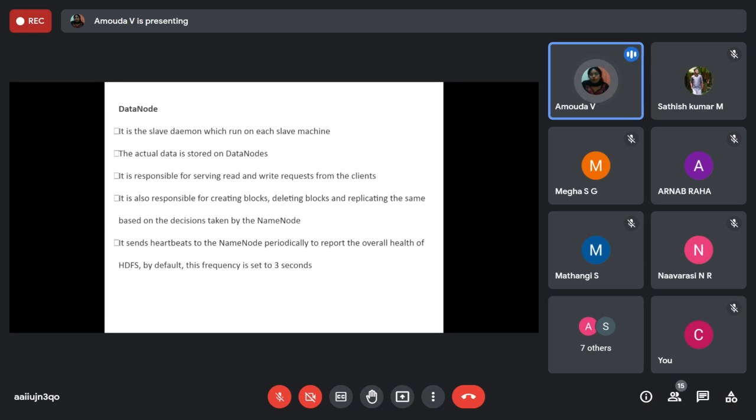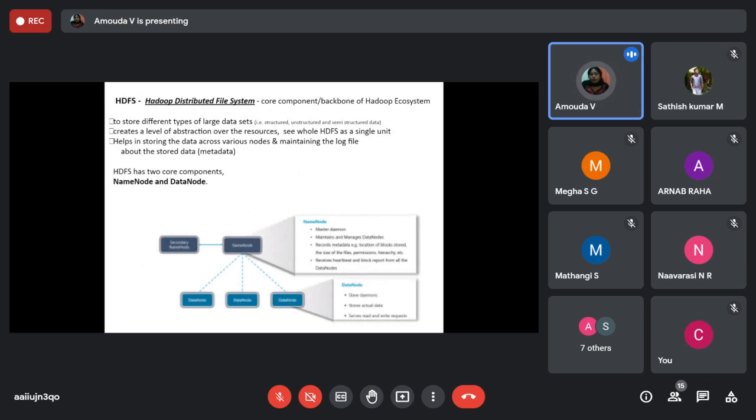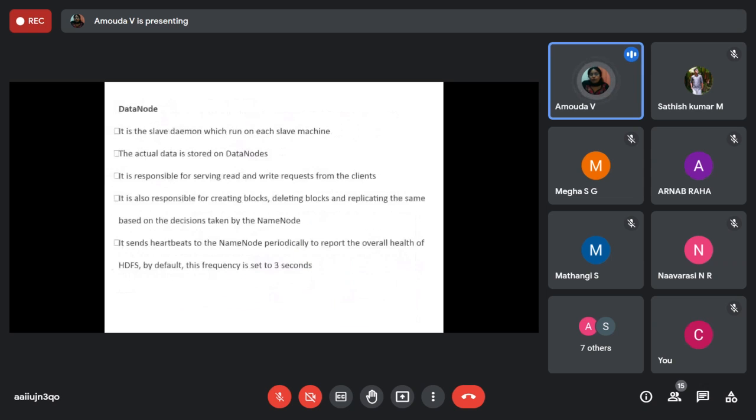By default this frequency is set to... This node does the job of making the blocks and clusters, and reading and writing are done in this HDFS. HDFS is only to store the data in the Hadoop software.